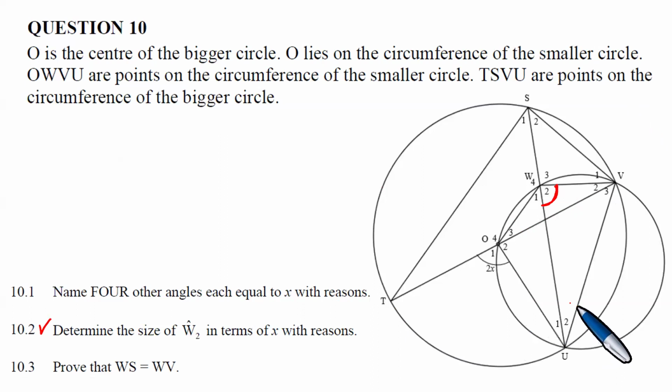But you've already found this one, we found it to be X. V3, we found it to be X. S1, we found it to be X. And so now we just need W2 in terms of X. Too easy. And W1, we were able to see that as well in terms of X. W1 was found to be X as well.